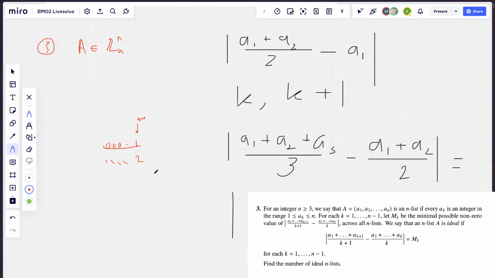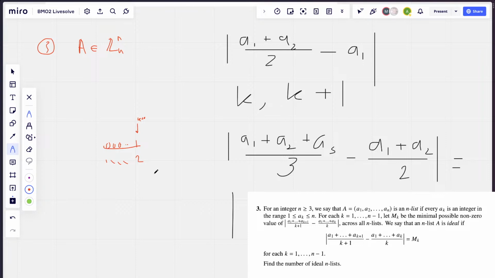Where's 2K plus 1 coming from? That's A1 plus A2. Yeah, but why are we dividing? Wait, okay, right. Oh, because I let A1 and A2 be K and K plus 1 in either order. Okay. Yeah, okay.